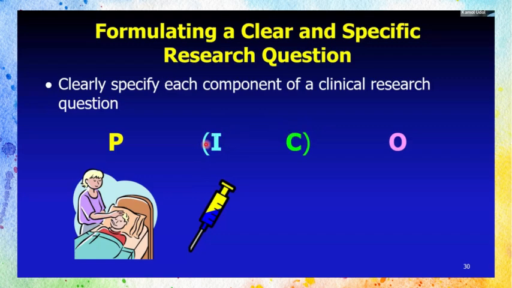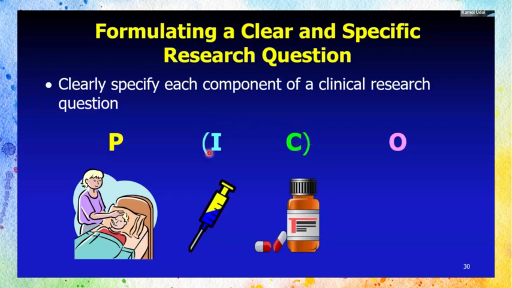Or if your idea is the exposure to some chemical substance that might result in cancer, for example, you have to compare it with no exposure, the condition that will be used to compare it. So C is comparison intervention or comparative.